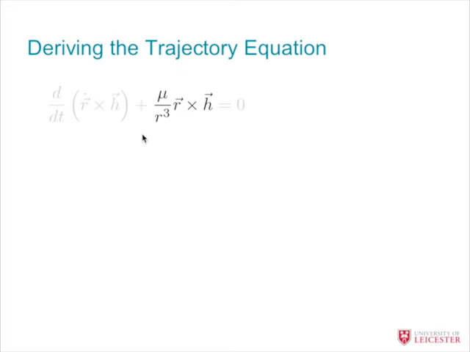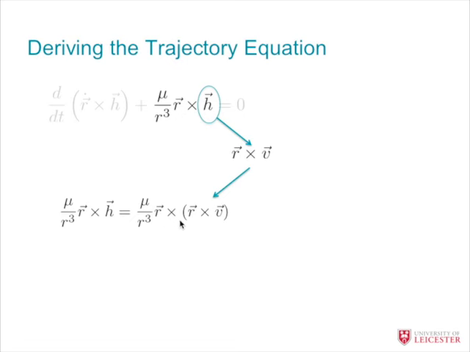Now let's look at the second term. The second term is simplified by recognizing that h is actually just vector r crossed with vector v, the velocity of the spacecraft. And so I can rewrite this with a vector triple product. And now what I can do is use the back cab rule.